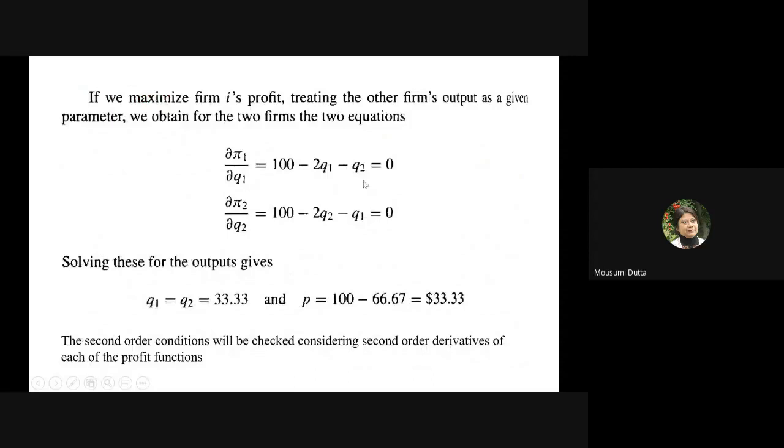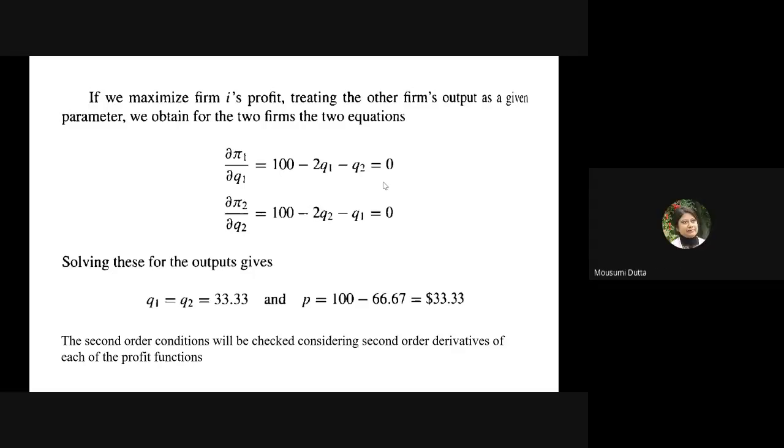If I take the derivative, are we getting this equation: 100 minus 2 Q1 minus Q2? From Q1 square we get 2 Q1, and from minus Q1 Q2 we get Q2. Is it okay, the first order condition? Yes, ma'am.